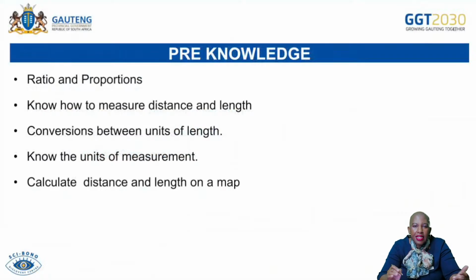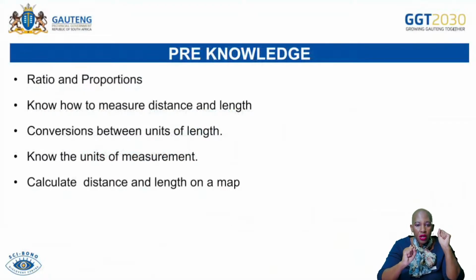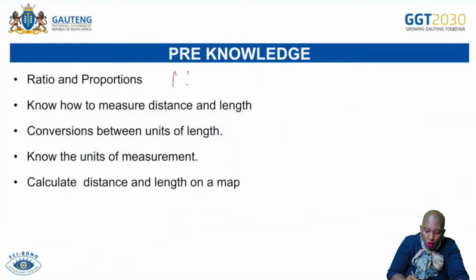In grade 10, in grade 11, even in grade 12, we did ratios and proportion. So we know when we work with ratios, the units must be the same. Ratios are written as 1:2.